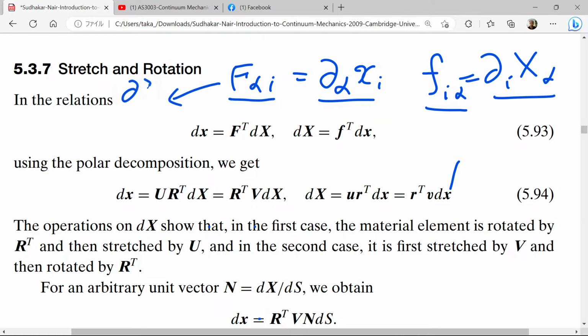This is partial xi, partial large x alpha. Okay. So then we make a transpose of this matrix. Then we multiply dx. So this gives this one.